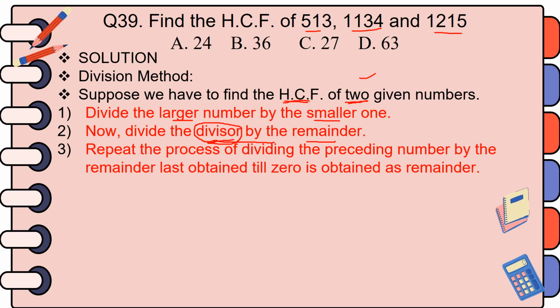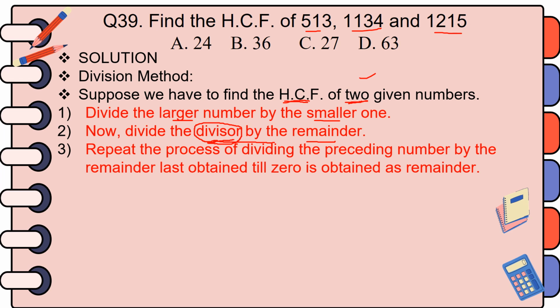Divide the larger number by the smaller one. Again the smaller number, which was a divisor on step 1 of our work, becomes a dividend, and divide that divisor again by the remainder that we get. So repeat this process until you get 0 as a remainder.